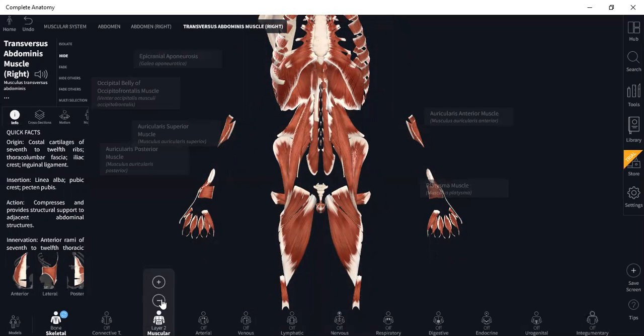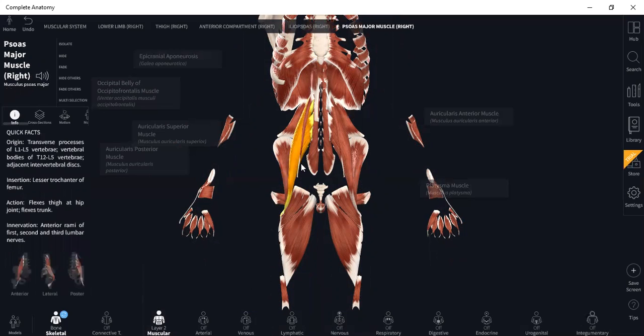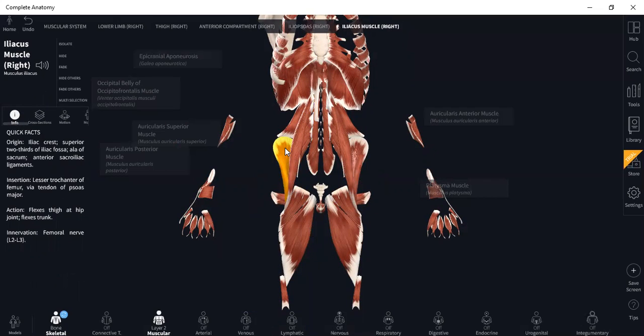For our core muscles, we have 2 muscles that make up the iliopsoas group. We have psoas major and iliacus.